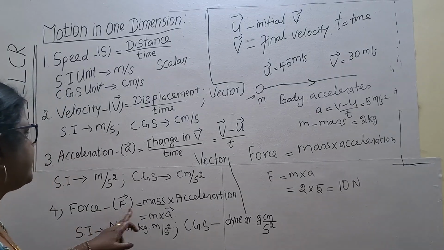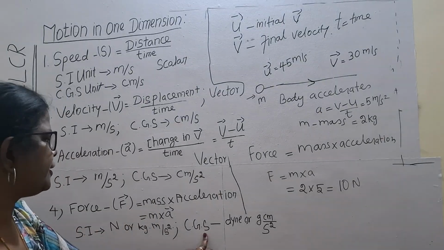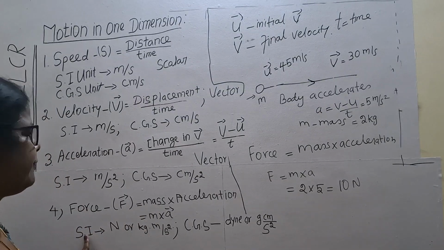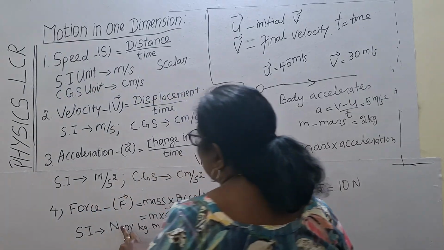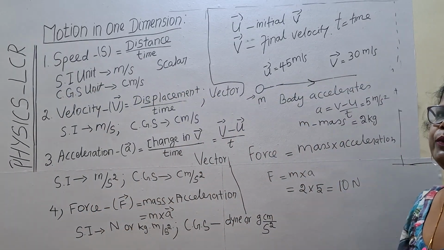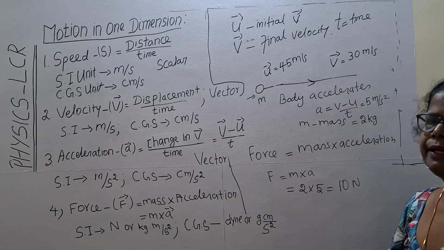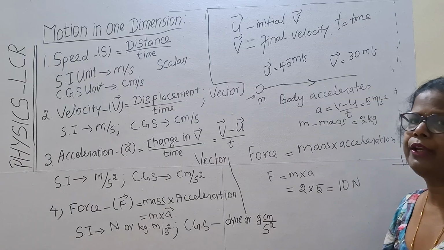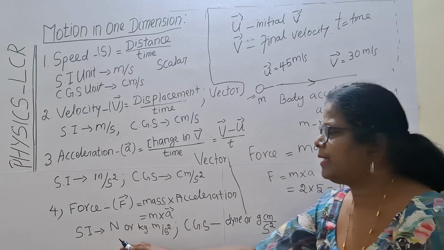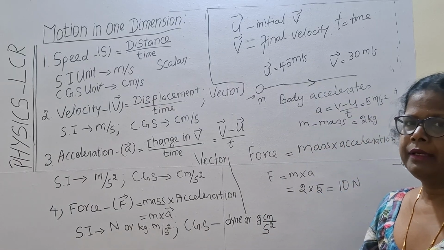Force has an SI unit and a C.G.S unit. What is the SI unit of the force? Newton. Always write capital N, Newton. Newton derived and found out the unit, that's why it is Newton.